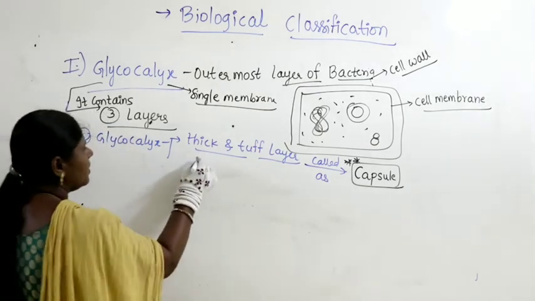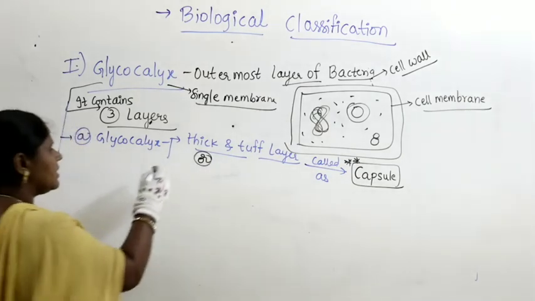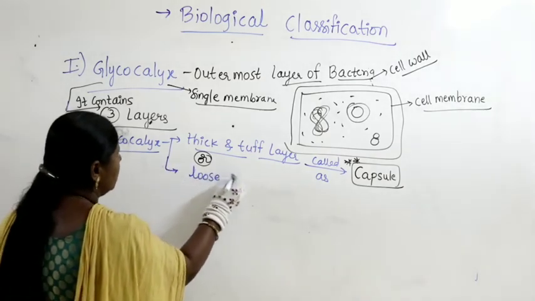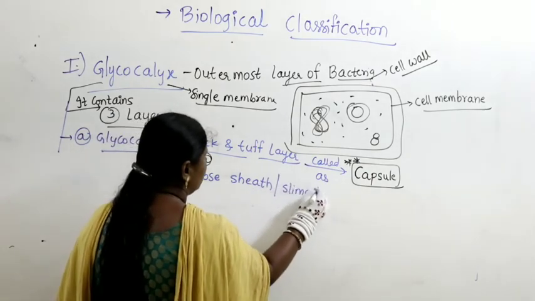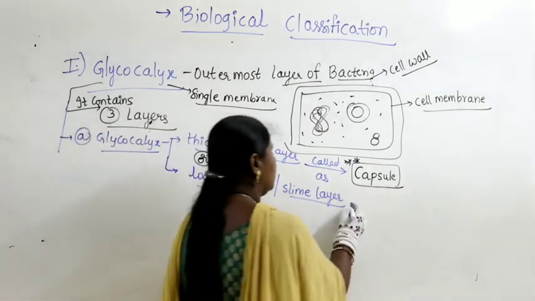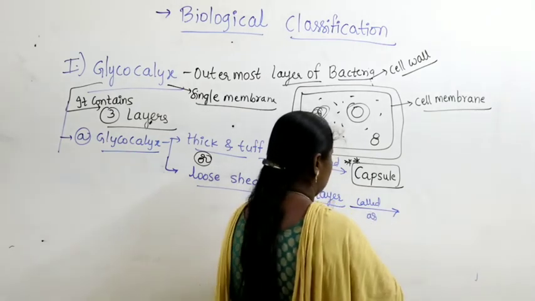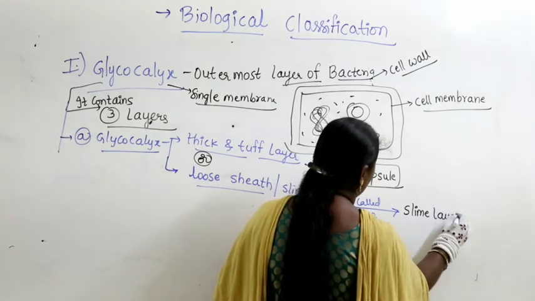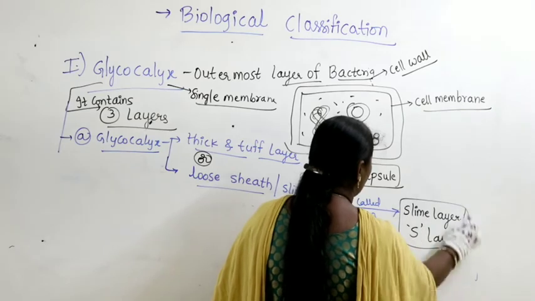Or sometimes in some bacteria, it may not form a thick layer. Glycocalyx may exist as a loose sheath or a slime layer, called the slime layer or S layer.